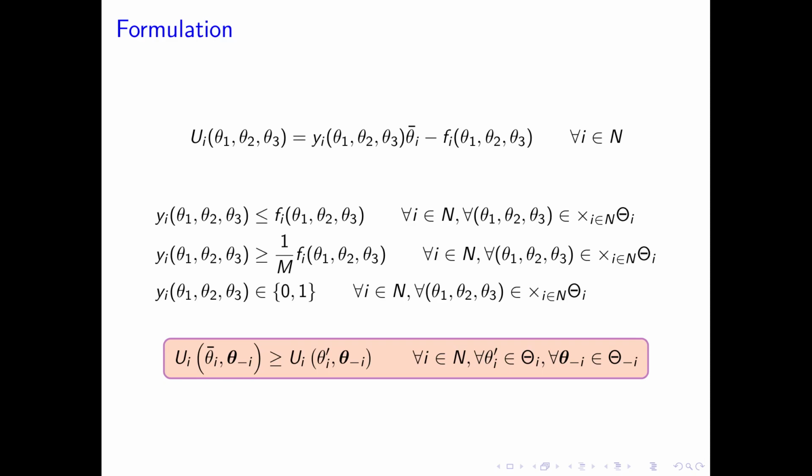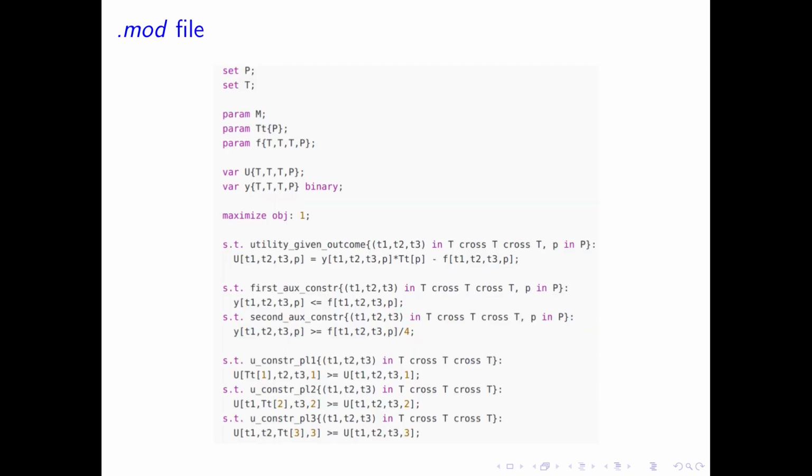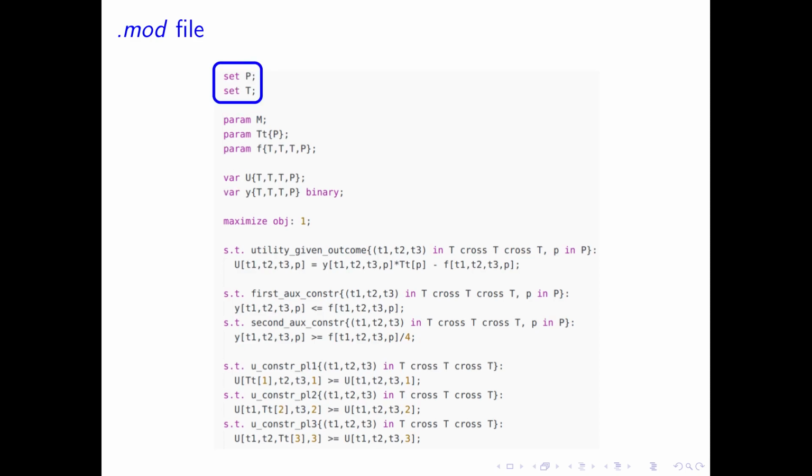Now we will see how to write this formulation in AMPL, and we will start with the mod file. We will see that the mod file will be the same both for the first and second price auction, and this is because what changes is f, and we encode f, so the social choice function, in the dat file. The first two sets, P and T, are the set of players and the set of possible types.